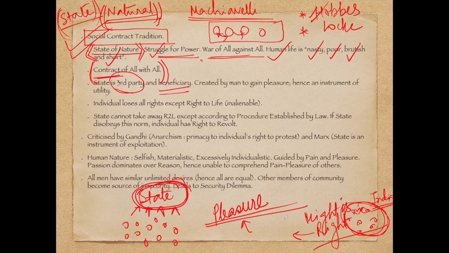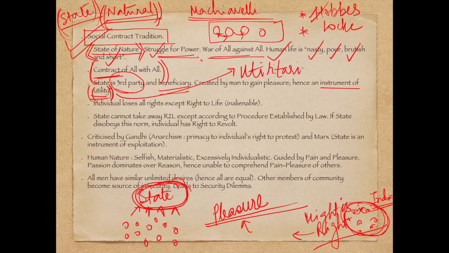Okay, so the same thing is happening here. So people decide that we have to move away from pain and we have to accept pleasure. So to accept pleasure, they create the state, and hence the state is an instrument of utility for man. Okay, this is where Hobbes is one of the forefathers of utilitarianism.